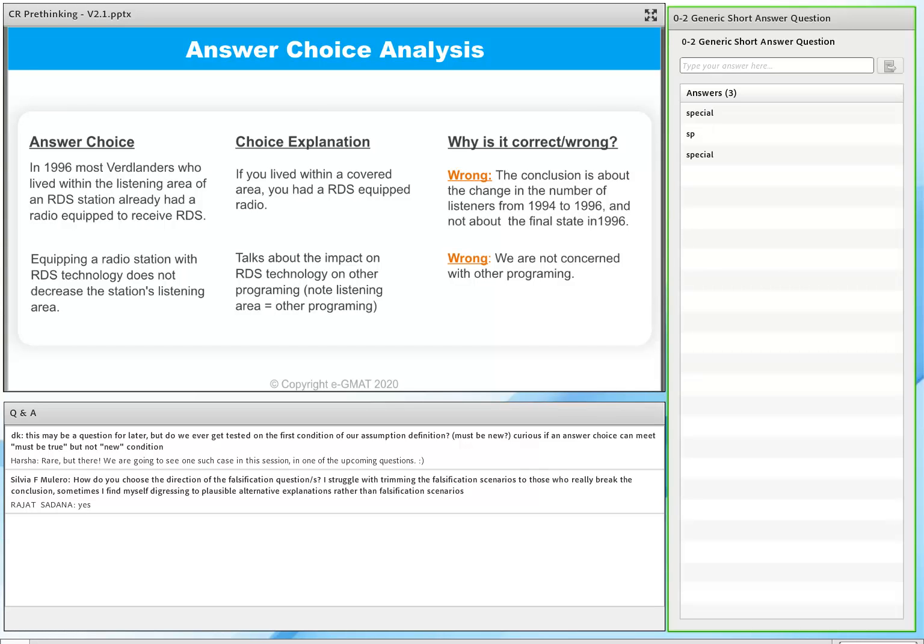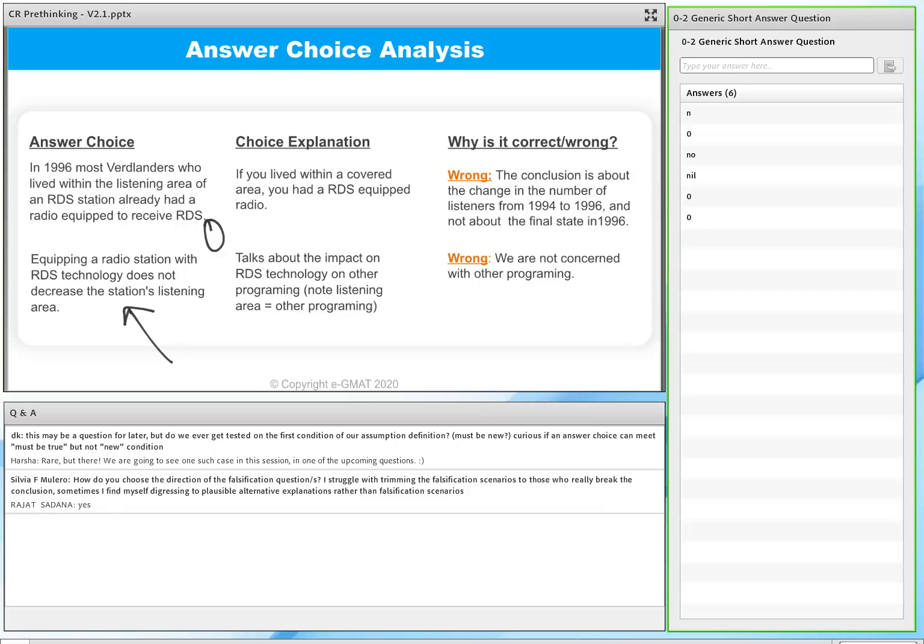Now, if a radio station does not have RDS technology, can it broadcast RDS programming? No, it cannot. Or in other words, for those of you who like mathematical translation, what's the range of RDS programming without the RDS technology there? Without RDS technology, 0, right?